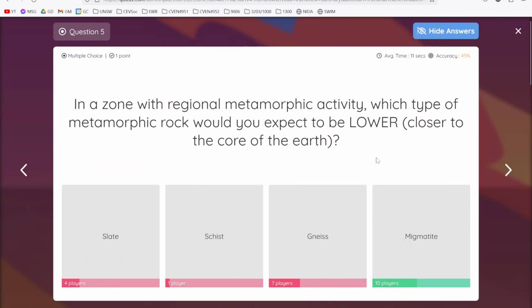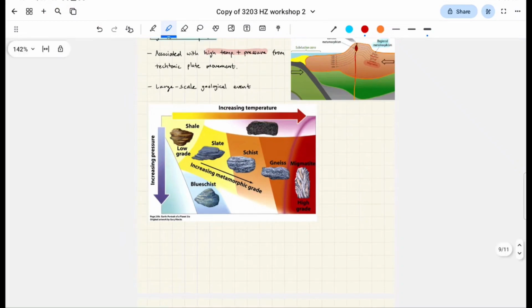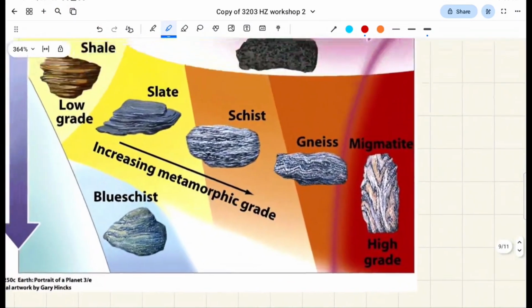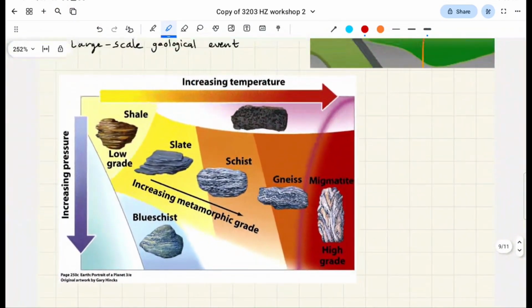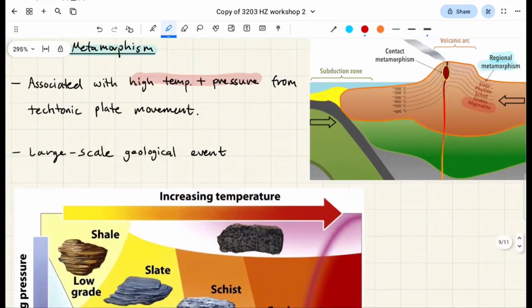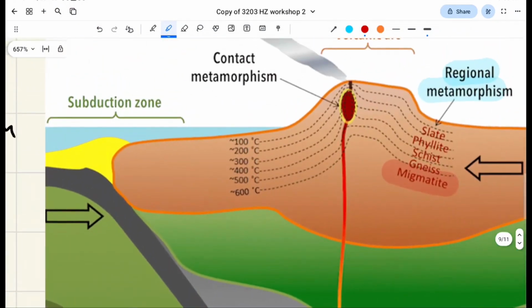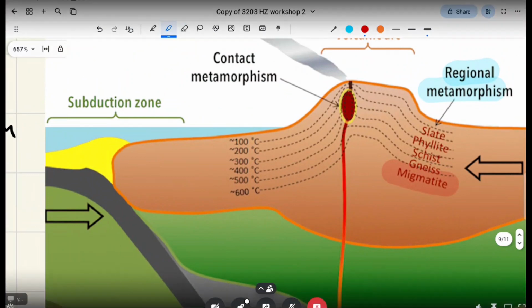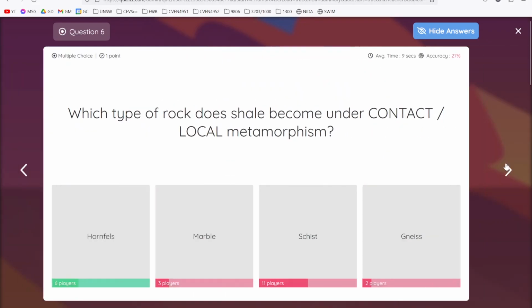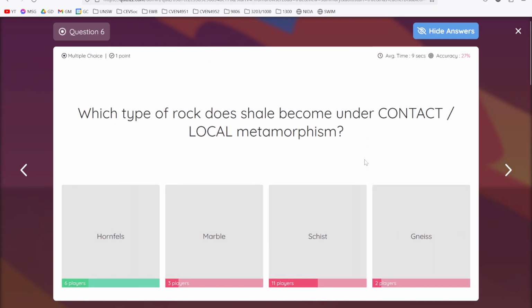So this is just, if you remember the names, basically. So migmatite is the one that looks like this. It's at the very end of the increasing pressure and temperature, and you'll find it lowest to the core of the Earth. And this one's interesting because I actually didn't know this until I dug around last night to make this quiz.